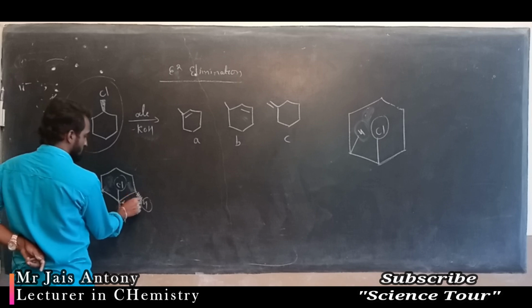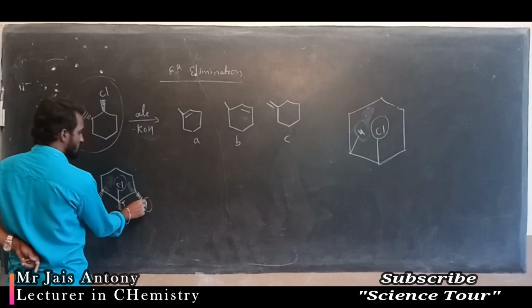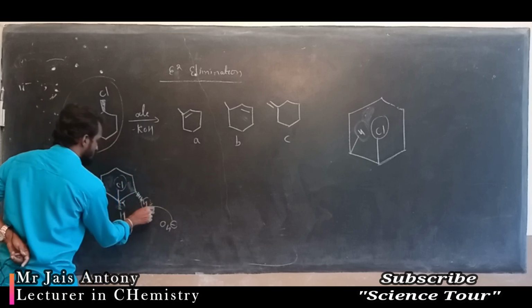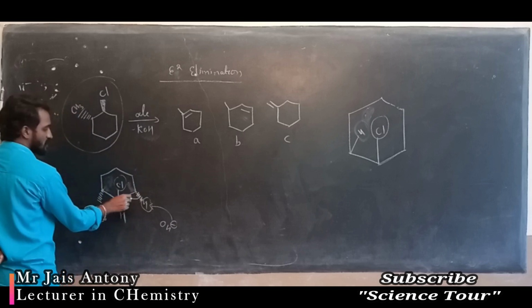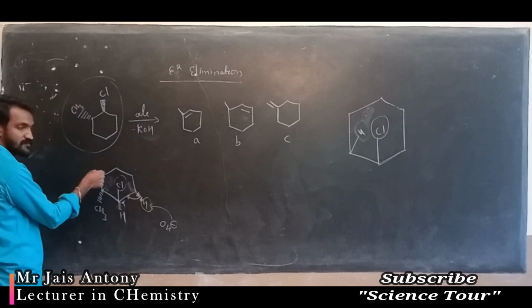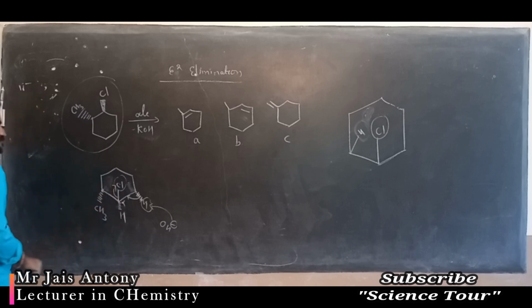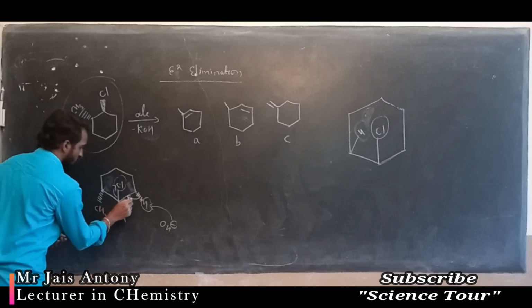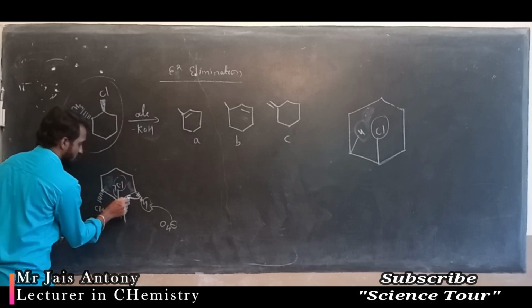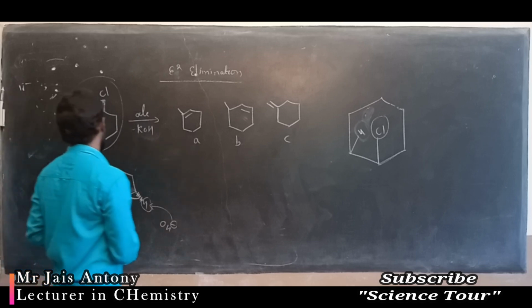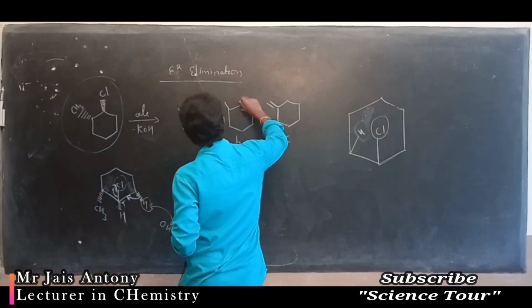The base comes and attacks this H, this bond comes inside, and the leaving group leaves. Note down: this bond comes here, this leaving group leaves. Now which structure does it give? B.